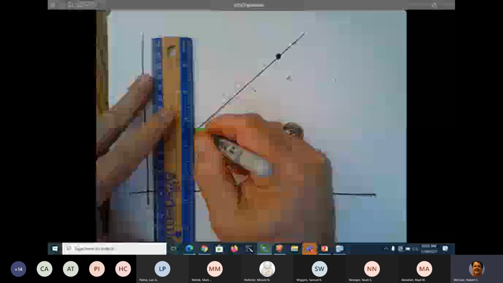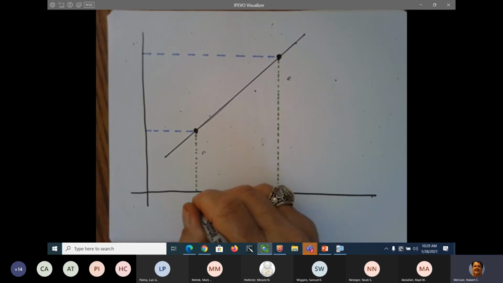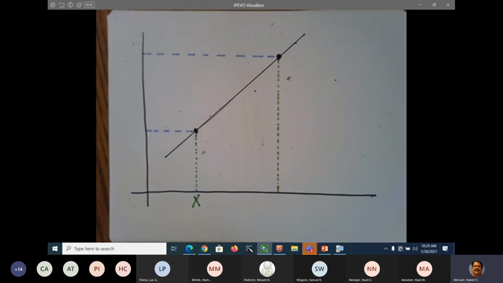Now, somebody tell me what this first green spot is right here. What's down here? It's not a number, it's what? X, Hubert. That's right, class. Thank you, my former Math 109 students that should remember.